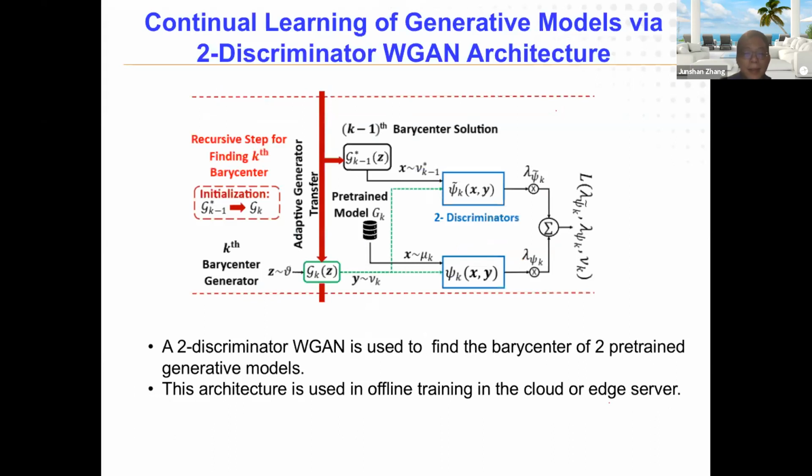Here are some details of the GAN architecture. We are looking at the k-th iteration, the k-th recursion. Based on the last iteration, we generate synthetic data, combine it with the new model, and find a barycenter solution. This can be done offline, either in the cloud or at the edge server.